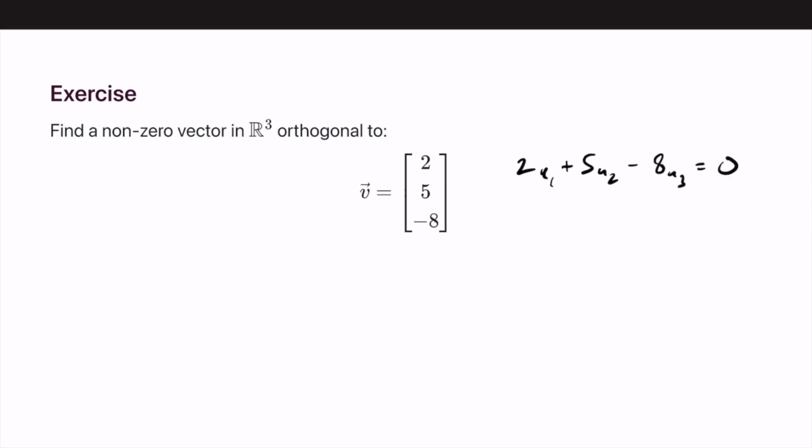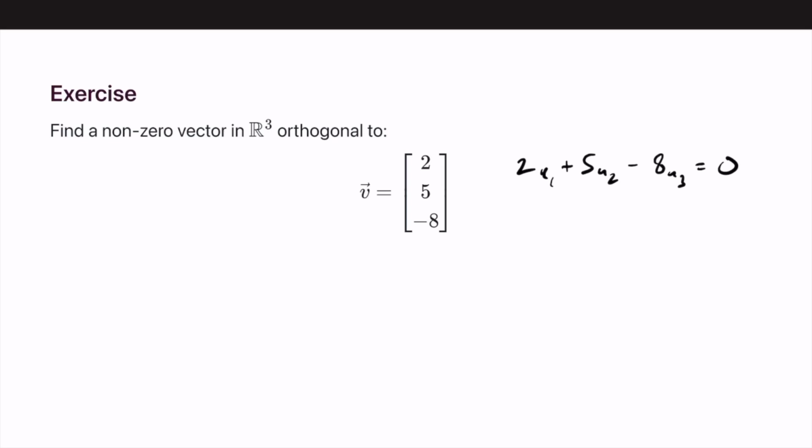So finding the vectors that we can multiply these three values and equate to 0, which are infinite possibilities, will give us vectors that are orthogonal to the vector v.